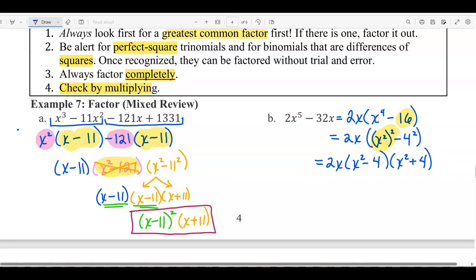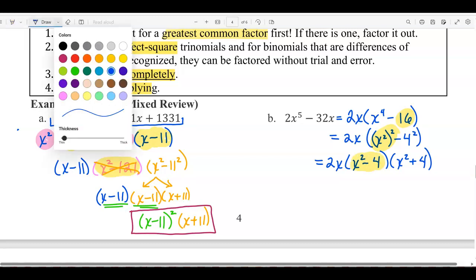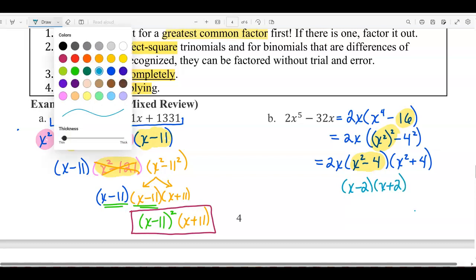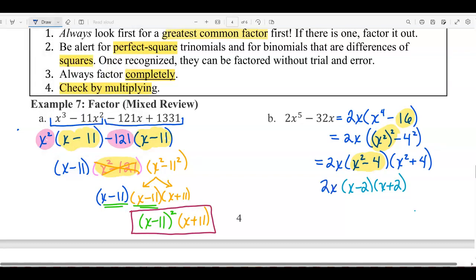Okay, and you should be recognizing that x squared minus 4 is the difference of 2 squares, which can also be broken down into x minus 2, x plus 2. 2x is still out front. And the x squared plus 4, let's talk about that.